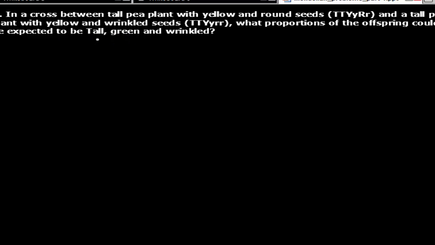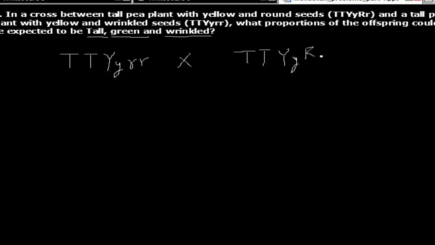So here we are looking for a tall, green and wrinkled plant for a genotypic constitution, that is capital T capital T, capital Y small y, small r small r, that is going to cross with capital T capital Y, small y capital R small r. So this is the cross we have to consider.